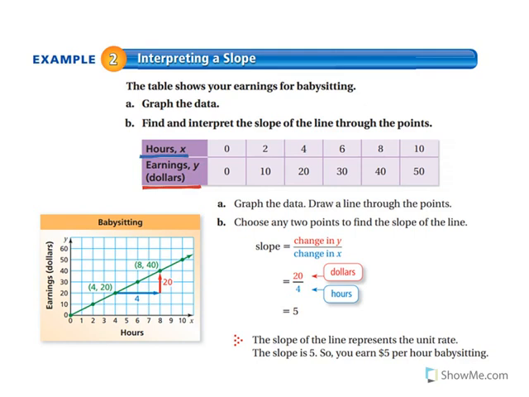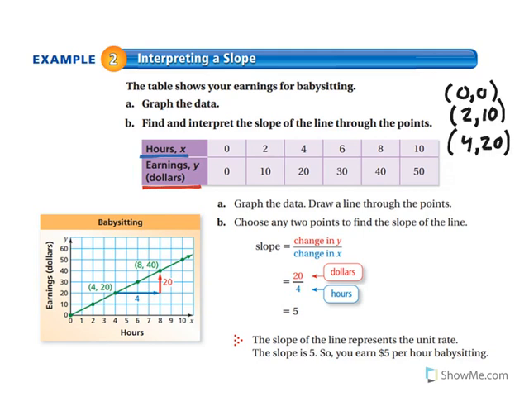We have 0, 0. We have 2, 10. We have 4, 20. I'm not going to write all these out, but you get the point that in the table, we're really looking at ordered pairs. And we're going to plot these ordered pairs on our line.